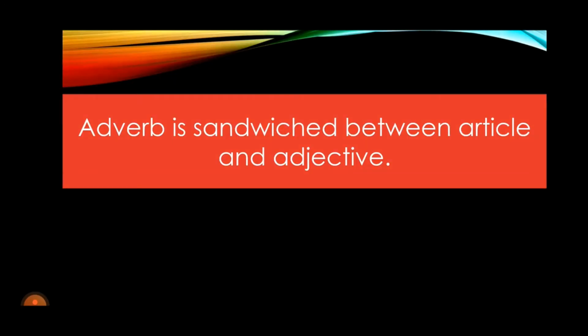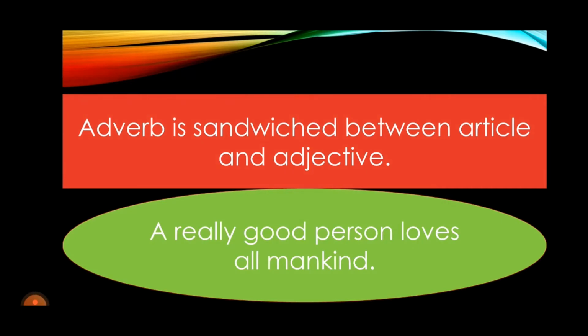The adverb is sandwiched between the article and the adjective. For example, "really" is the adverb. It is between the article and the adjective. Good is the adjective and the article is "a" here: a really good person loves all mankind.